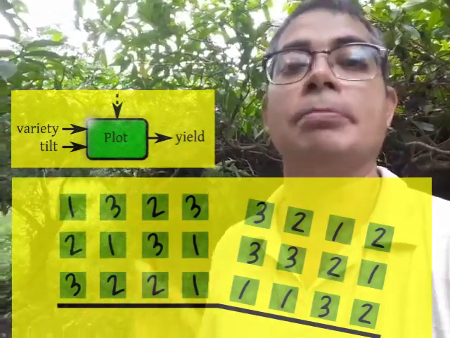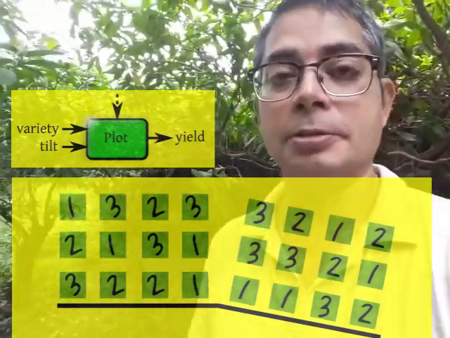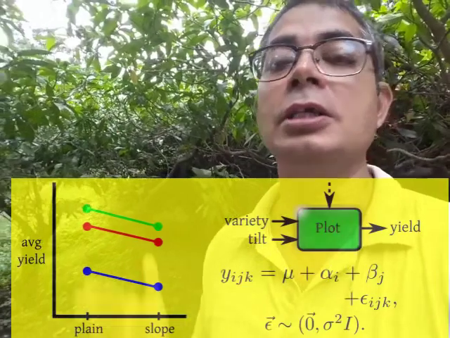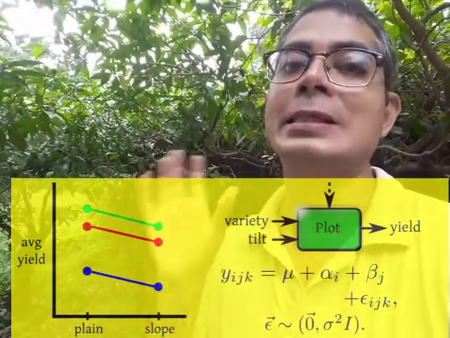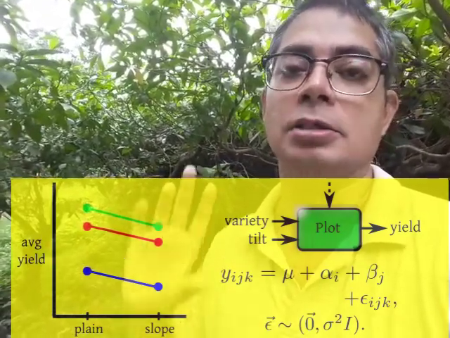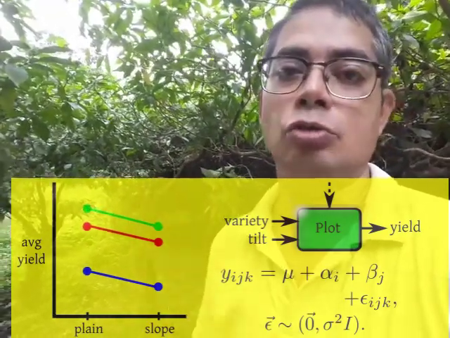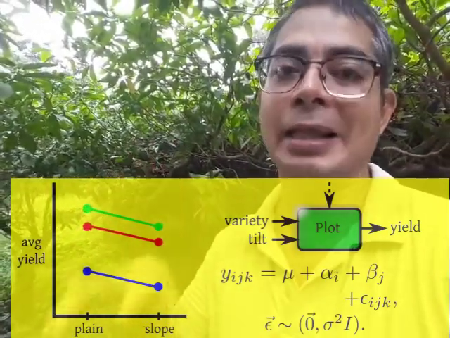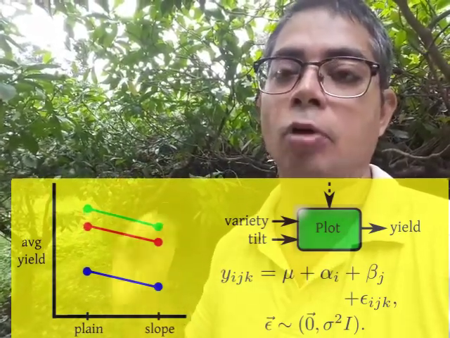The first step that we did in order to analyze this was to make the so-called interaction plot, where we took each possible cell, that is each possible input combination, variety-tilt combination. There are 6 of them, 3 varieties and 2 tilts, and for each such cell we took the average yield and plotted it.